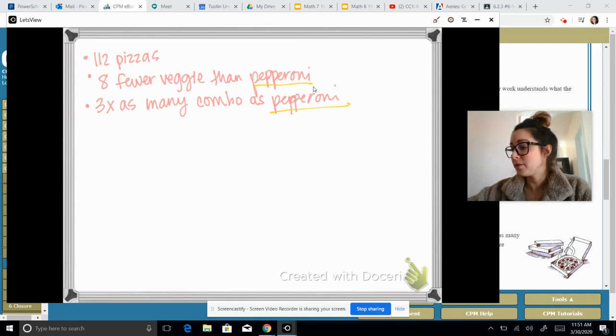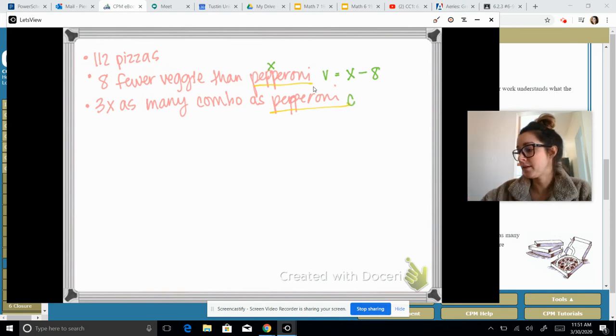The next thing that I'm going to do is start writing my expressions for each of these. So 8 fewer veggie than pepperoni. I'm going to say the veggie pizzas was pepperoni, which is now X, minus 8. And I'll make a note there that pepperoni is going to be our X. And then 3 times as many combo pizzas as pepperoni.